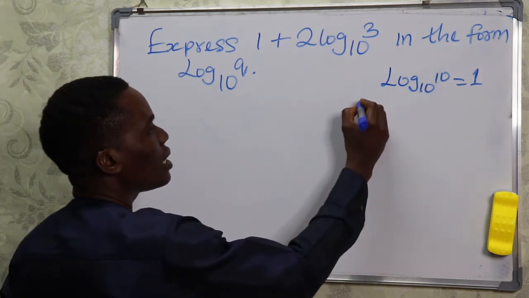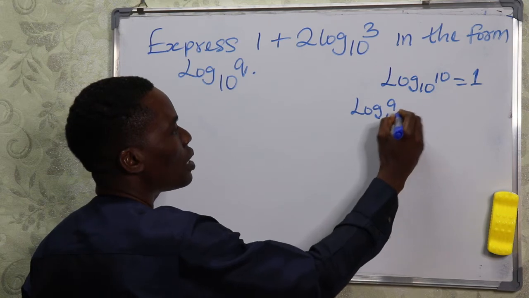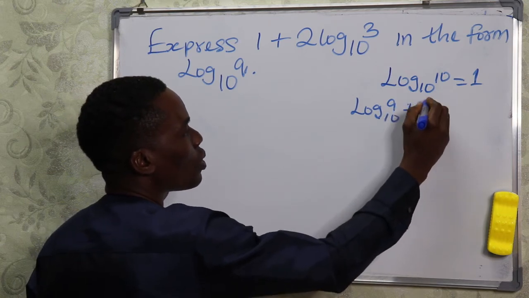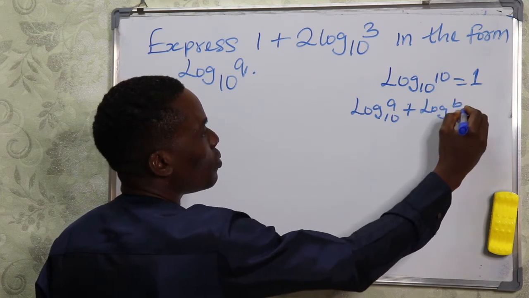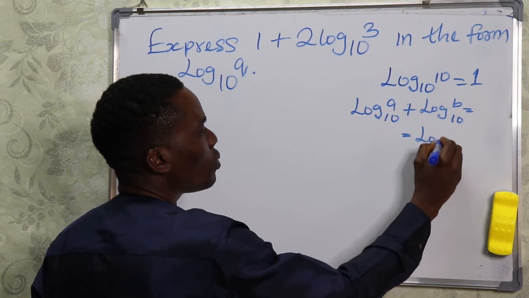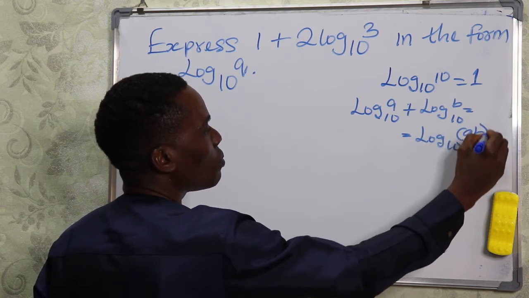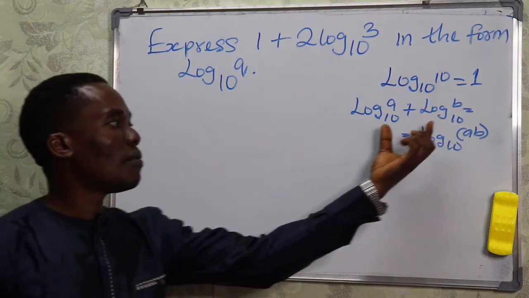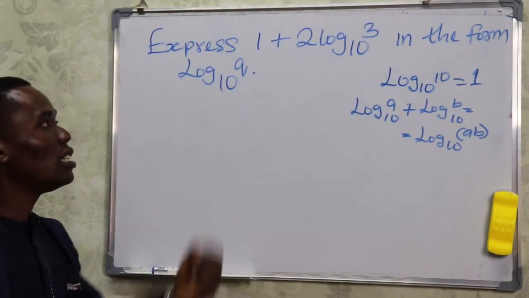And another thing, when you have a log of A base 10 plus log of B base 10, remember it's going to give you a value, and the value is going to give you a log base 10 of A times B. That is because they have a common base. We are going to look at how we apply this in this question.